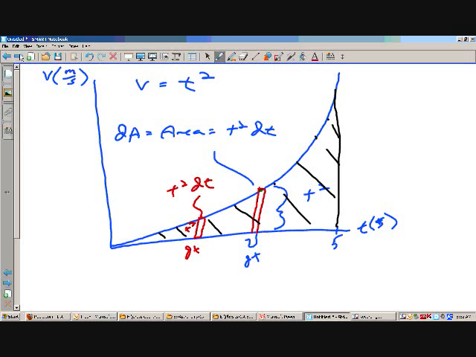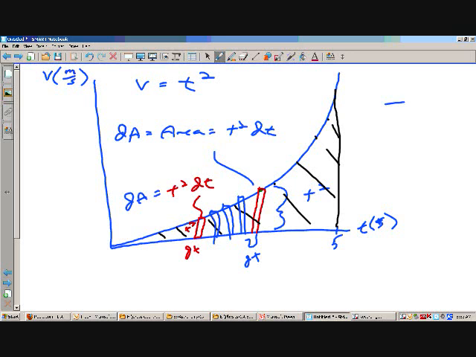What we're going to end up doing is adding up all these little dAs. We're going to have that rectangle, the rectangle that's right here, the rectangle that's right here. We add up all these little rectangles through the summation, or through the integral process.